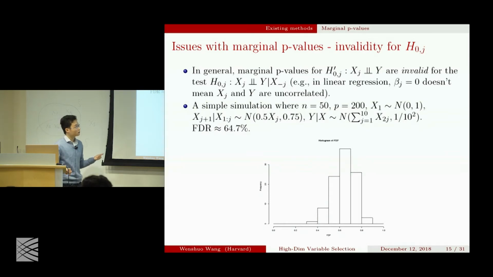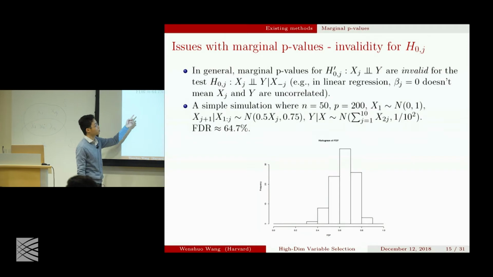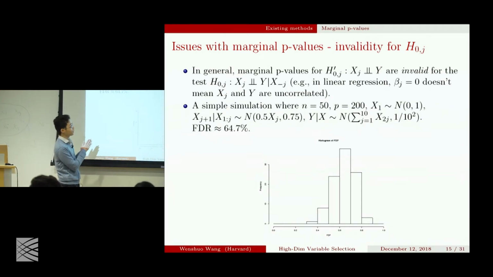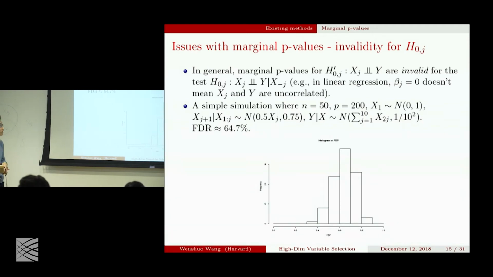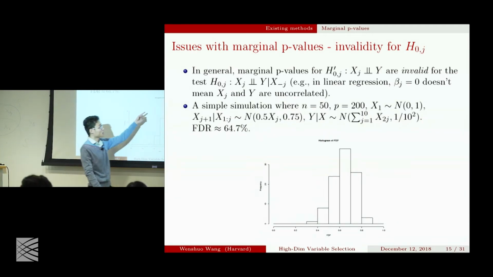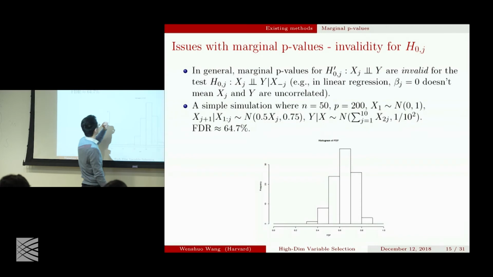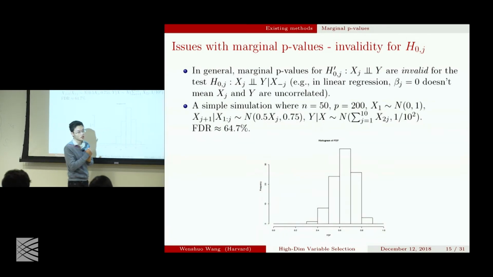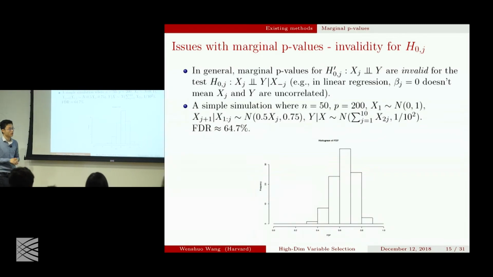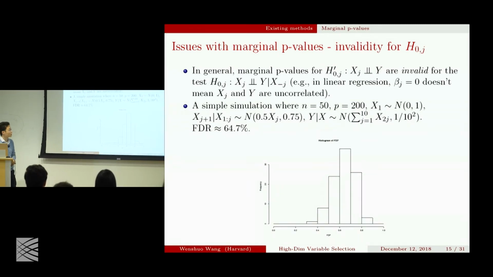I have 50 observations and 200 covariates, and now I introduce correlation between the adjacent x's. So x1, x2 are correlated, x2 and x3 are correlated, and my y depends on x2, x4, x6, x8, x10, basically the even indices up until x20.